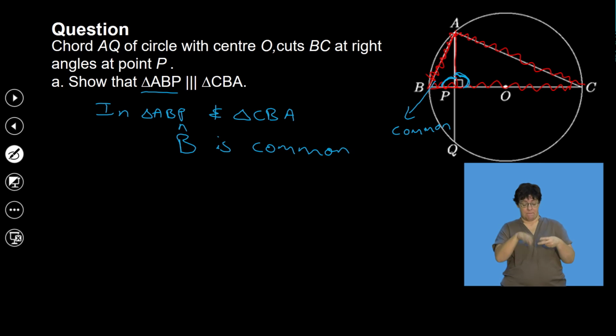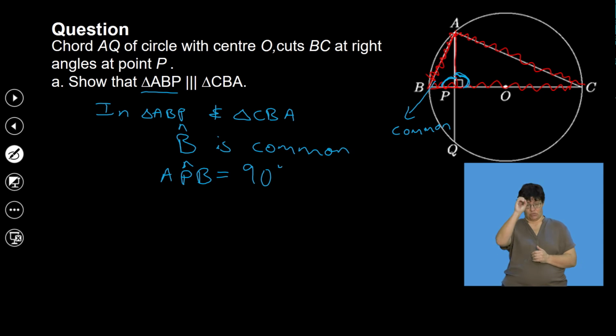And also the angle APB is equal to 90 degrees, and this will be because it is given. And then remember, because this is a semicircle, I know that an angle subtended by a diameter in a circle must be 90 degrees.